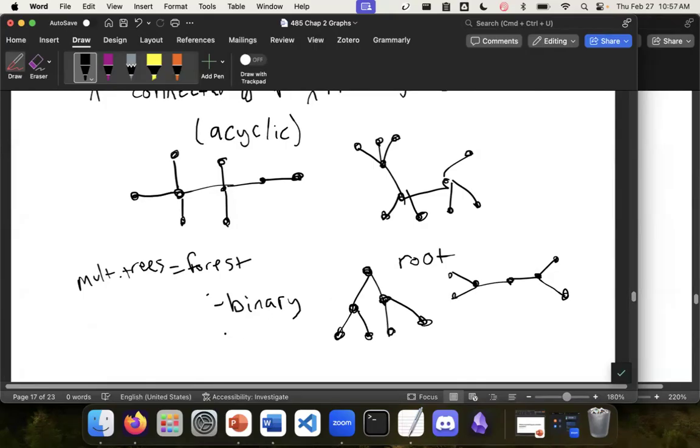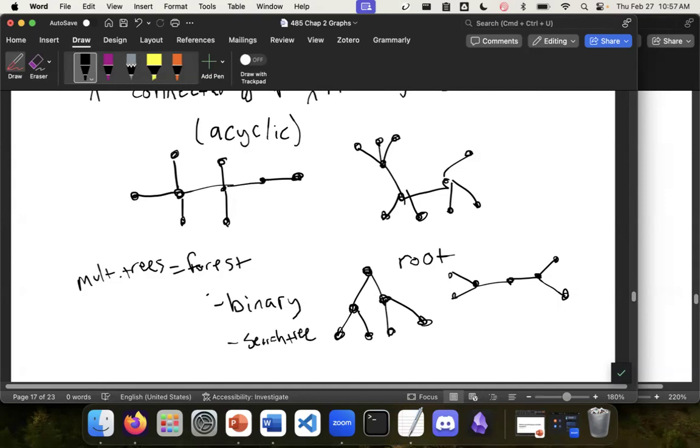So we can have a binary tree, we can have a binary search tree, where if each of the nodes is associated with some data point, then we have some property that we want to enforce when we add the data in, then we've got a binary search tree.